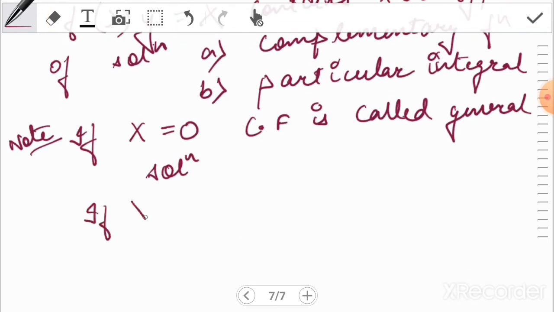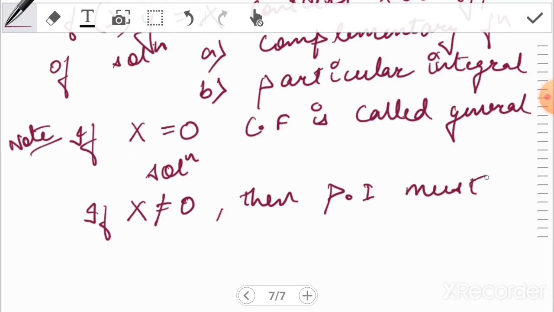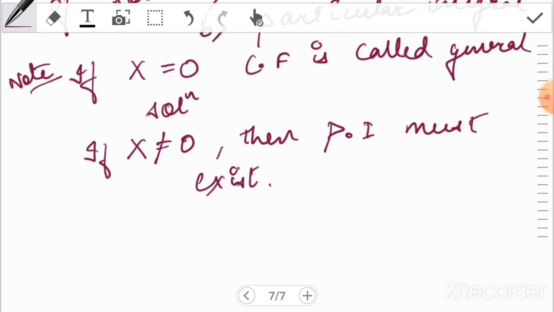And if X is not equal to 0, then the particular integral must exist. Okay. Now let us see some examples.